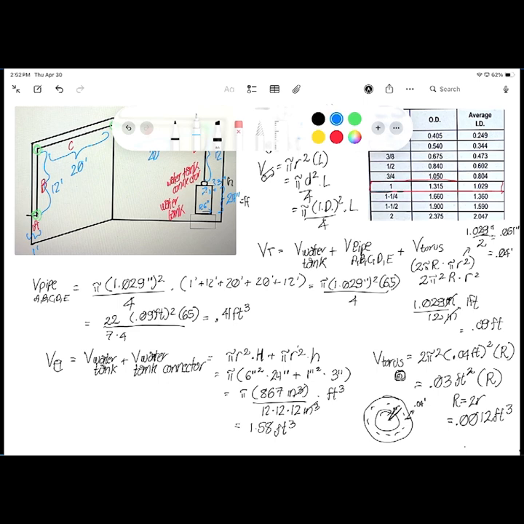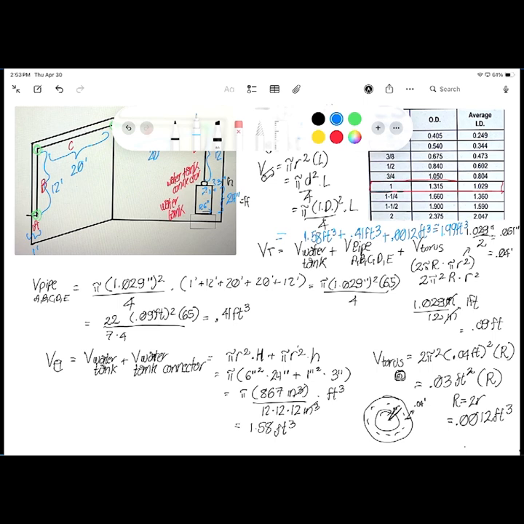So for our final amount, that's 1.58 feet cubed plus 0.41 feet cubed plus 0.0012 feet cubed, and that's equal to roughly 1.99 feet cubed.